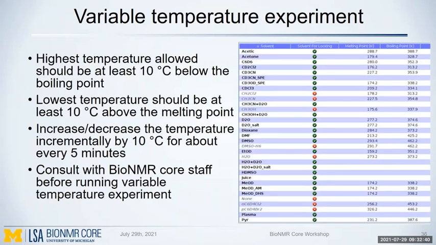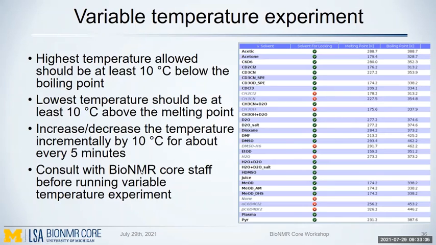And some other tips: when you set up those experiments, your highest temperature should be at least 10 degrees Celsius below the boiling point of your solvent, and the lowest temperature should be at least 10 degrees Celsius above the melting point. Listed here are the melting and boiling points for some commonly used solvents in this table.